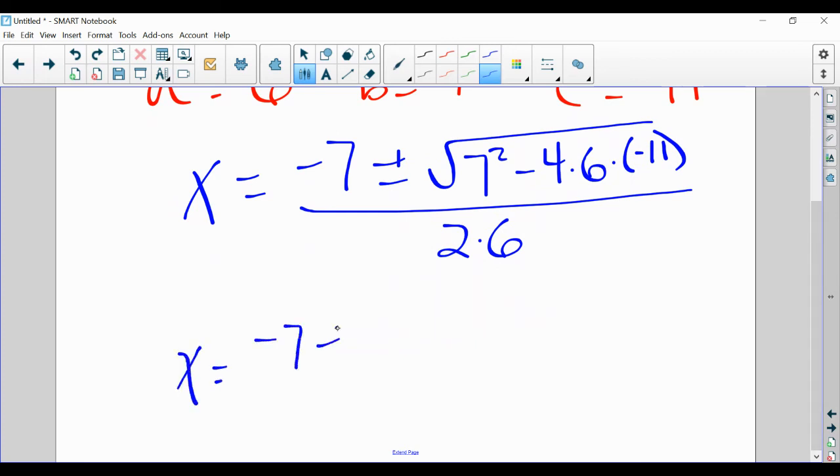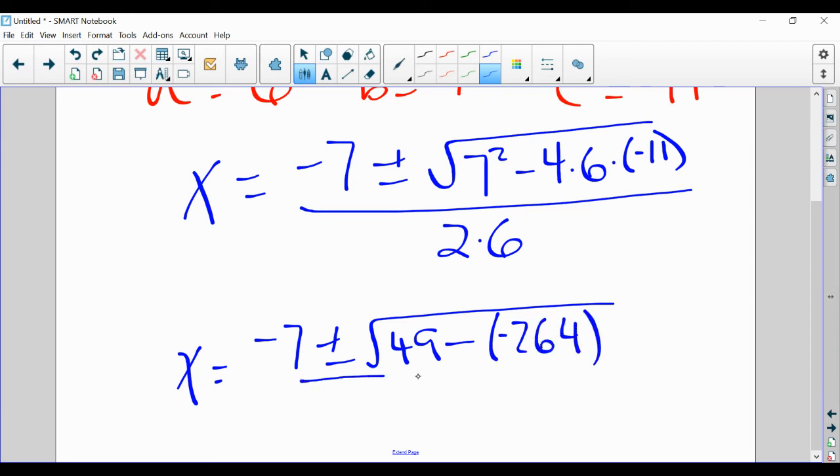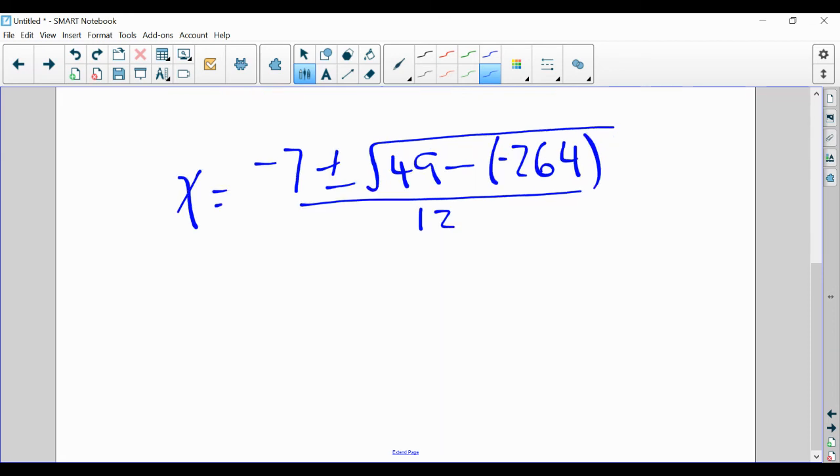I get negative 7 plus or minus the square root of 49 minus, 24 times 11 is 264, so it's minus a negative 264, all over 12. And so x is equal to negative 7 plus or minus the square root of 313, because minus a negative is a plus, all over 12.